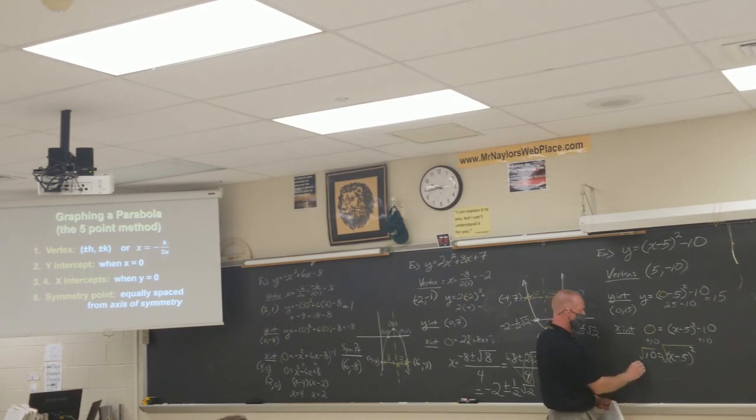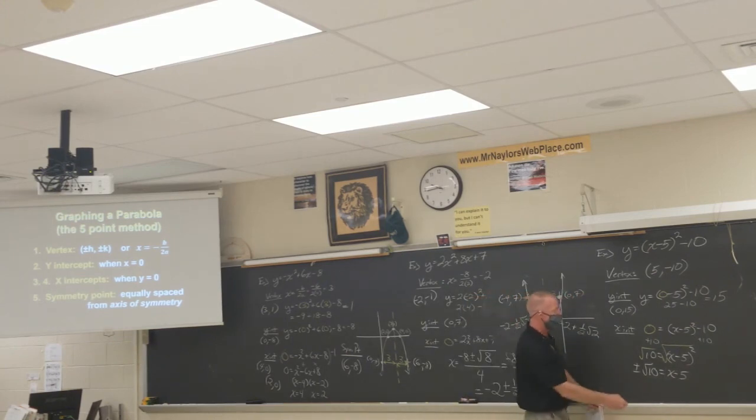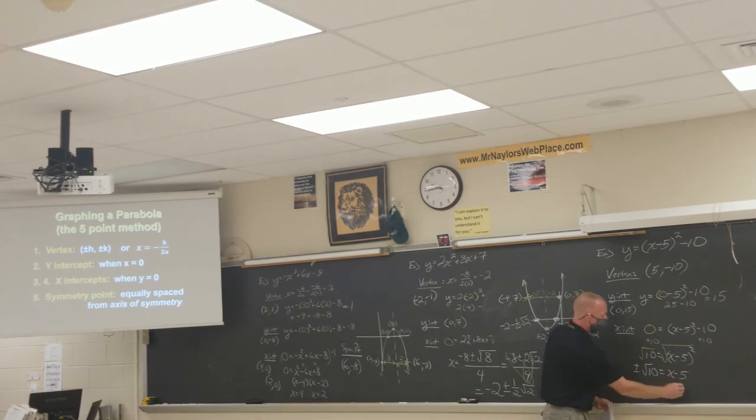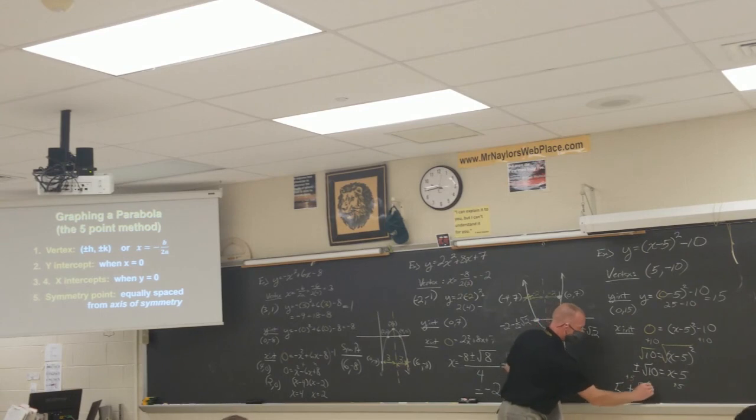We're almost home free here. Plus or minus root 10. That'll be plus or minus root 10, right? So that I can add 5. Now, for most of us, it's just how do you write this? And you simply write it as 5 plus or minus root 10.